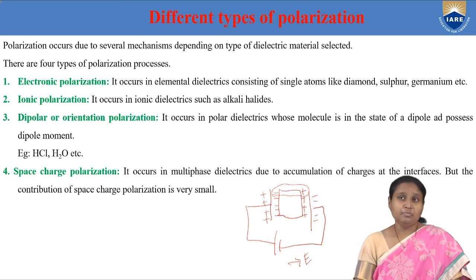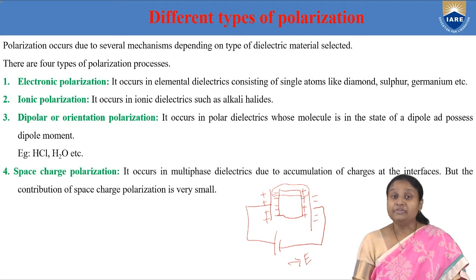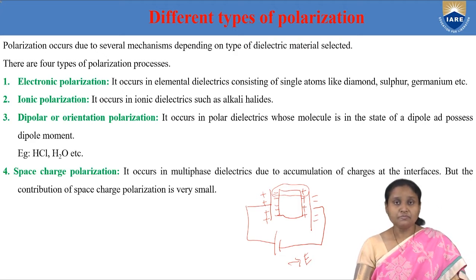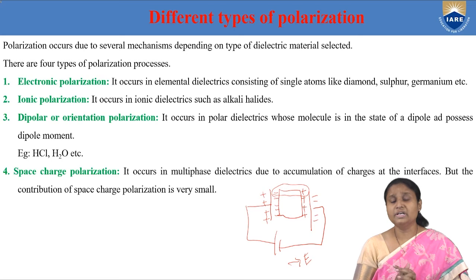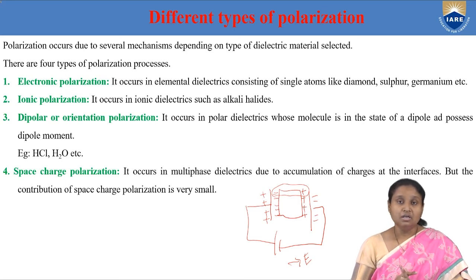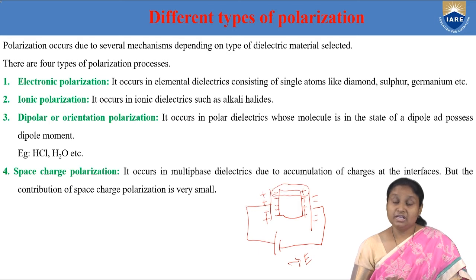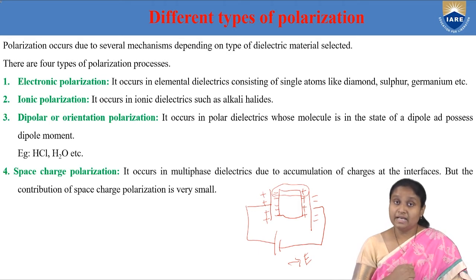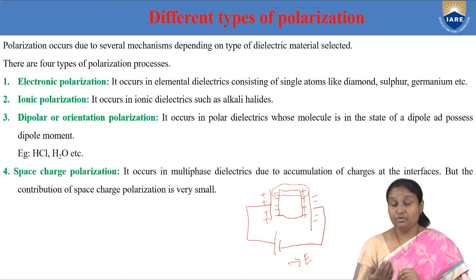When we are talking about polarization, we have already discussed polar dielectrics and non-polar dielectrics. Polar dielectrics consist of polyatomic molecules where each molecule consists of different types of atoms, and each molecule is in the state of a dipole even if we are not applying any external electric field.